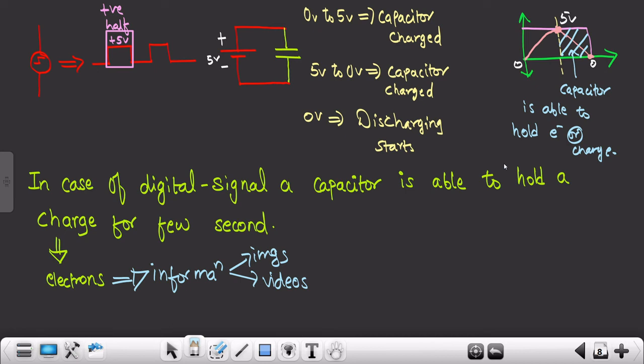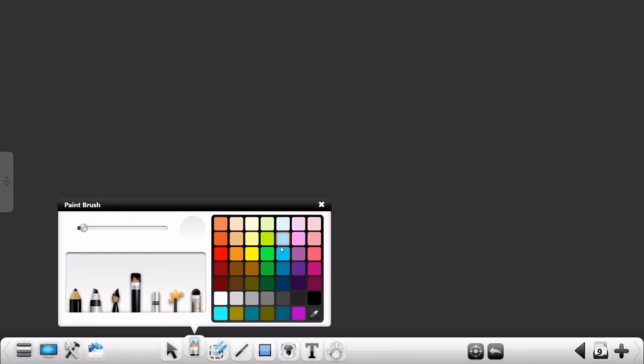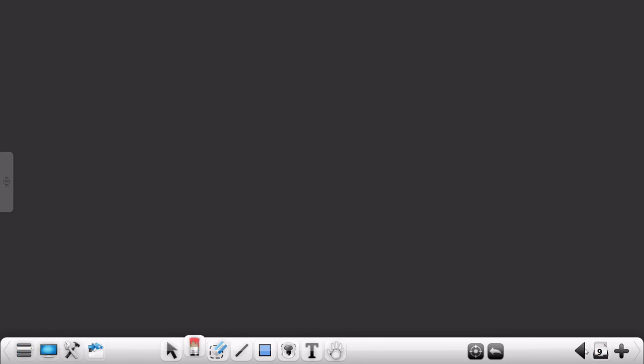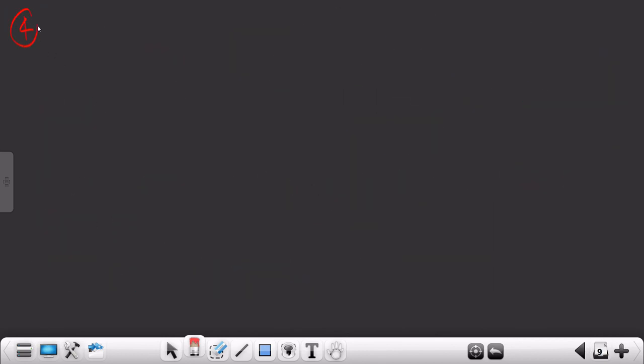The next point: since we are dealing with only this one frequency of the signal, this was your third point. The fourth point would be that less noise is produced during the processing of digital signal.